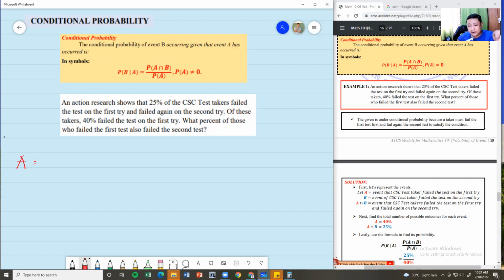So, how will we do that? If we look at this 40%, we will let A be the event that they failed only on the first try.